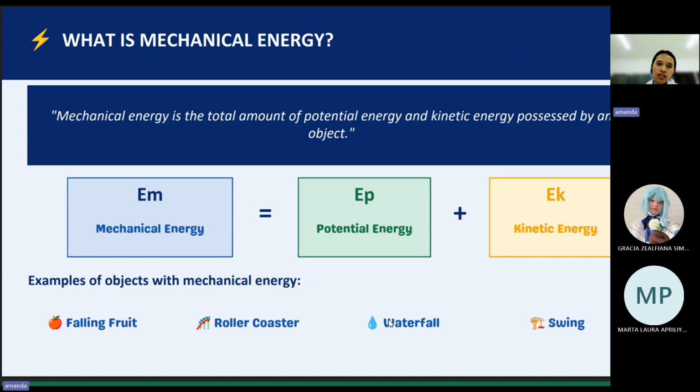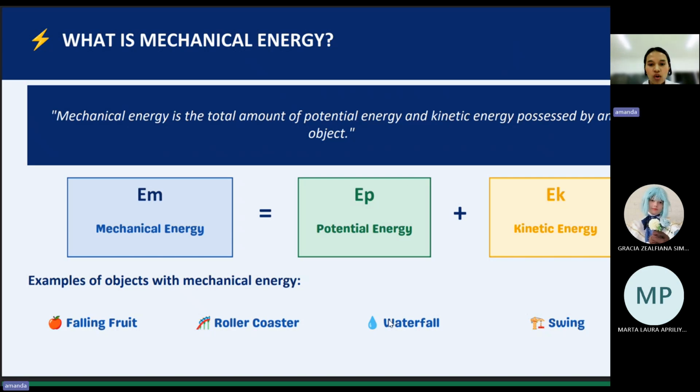Next slide about what is mechanical energy. So, what actually is mechanical energy? In simple terms, mechanical energy is the total amount of potential energy and kinetic energy possessed by an object. We can write this down as a very straightforward formula.